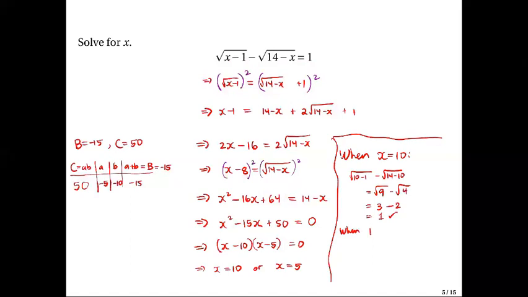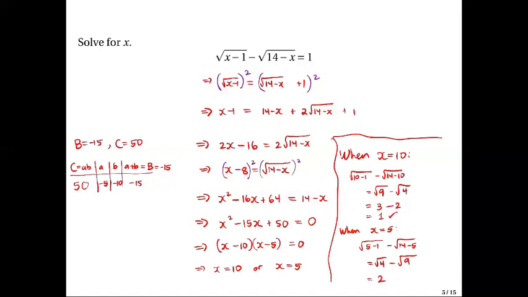When x equals 5, we will have square root of 5 minus 1 minus square root of 14 minus 5. So 5 minus 1, that's 4, so you have square root of 4 minus, 14 minus 5, that's 9, so square root of 9.